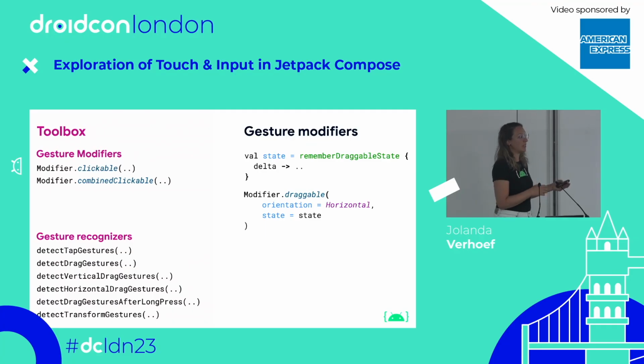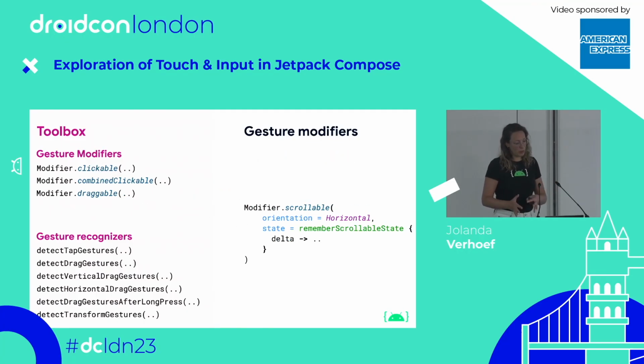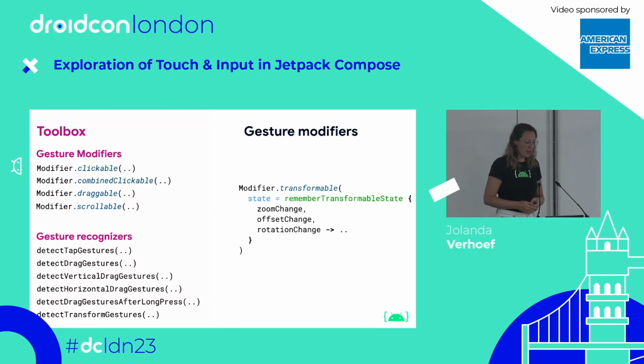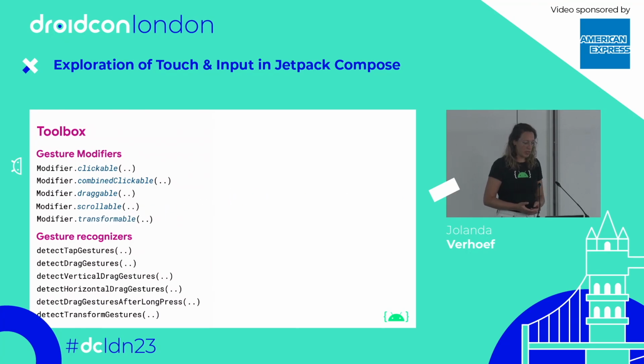And that way you can also access it outside of the modifier, or you can change it from outside of the modifier, and so you can make things dependent on one another. The scrollable modifier works the same way, but it includes logic for scrolling and flinging. And the transformable modifier makes it possible to listen to multi-touch transform events on a composable.